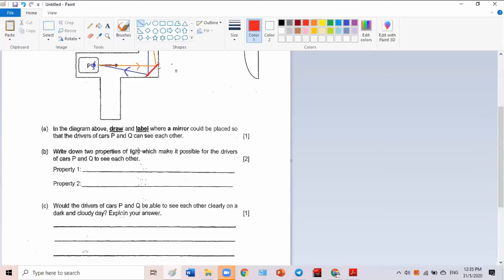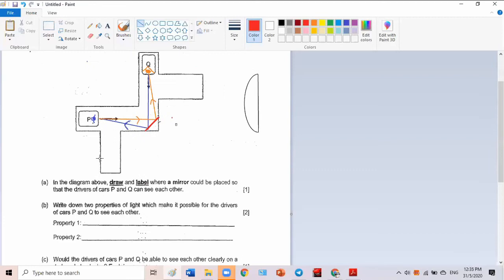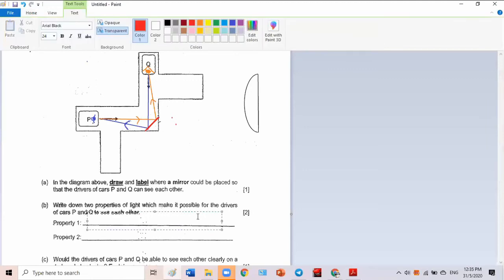Okay, write down two properties of light which make it possible for the drivers of car P and Q to see each other. I think I mentioned it just now. Anybody want to tell me? Light travels in a straight line.